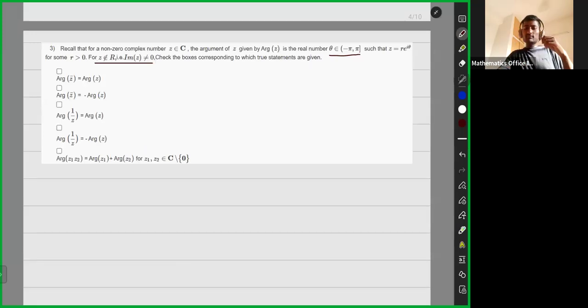It is not lying on the real line, so that it has a non-zero imaginary part. Which statements are true?